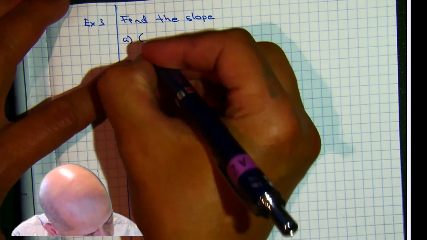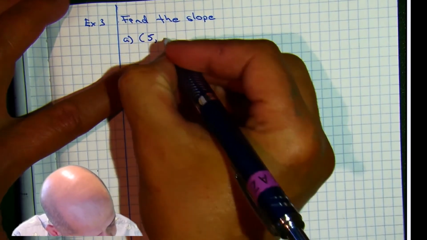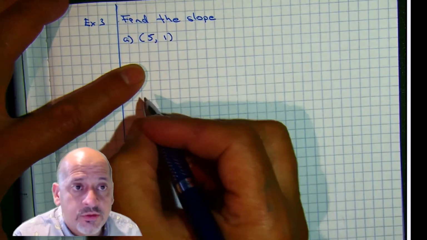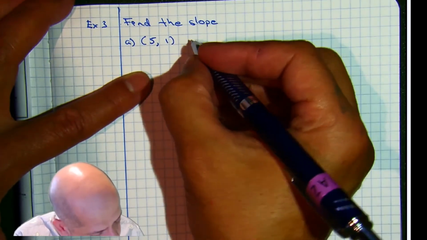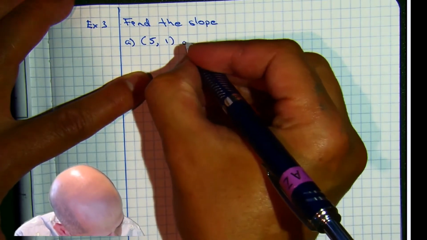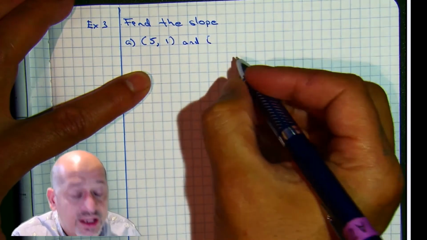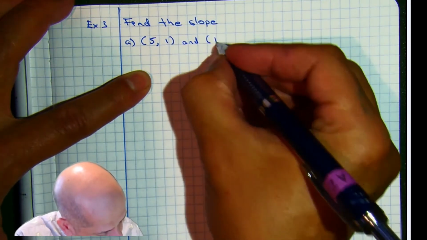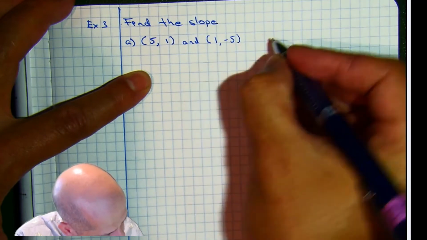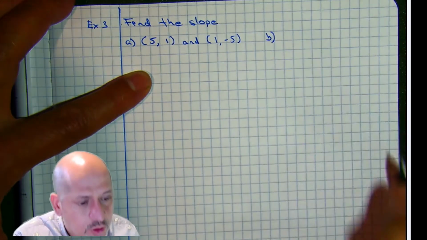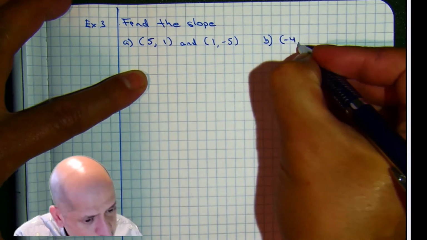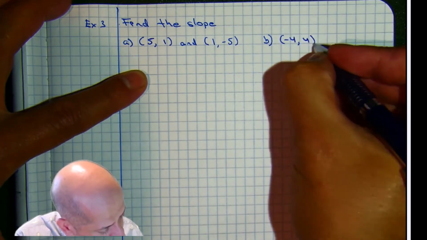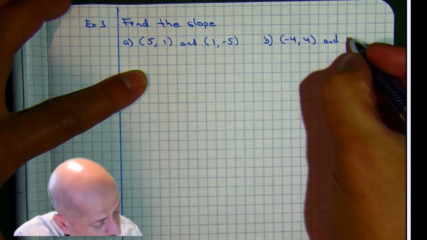So instead of plotting them down or giving us a graph, we actually have to use the formula to find the slope. The first point is (5, 1) and the second point is (1, -5). And then we'll do B right afterwards. Letter B is going to be (-4, 4) and (2, -5).